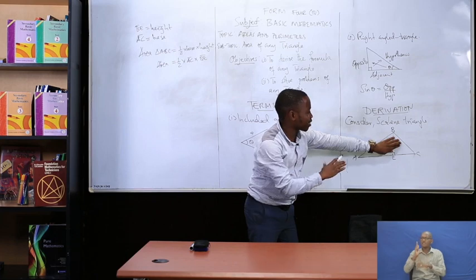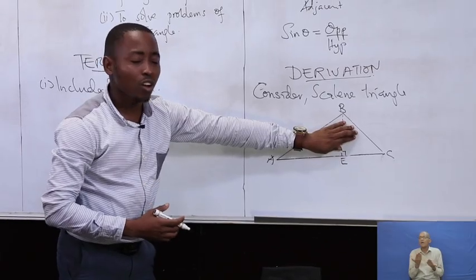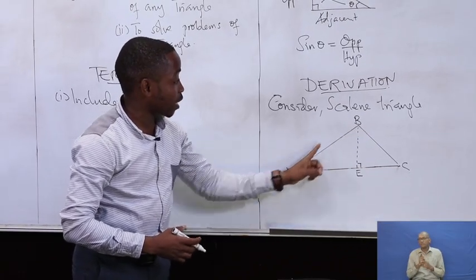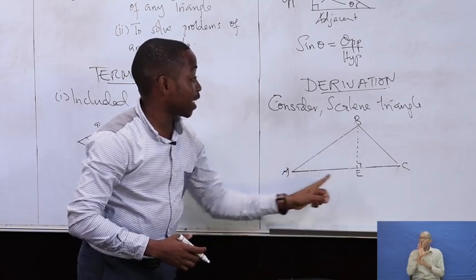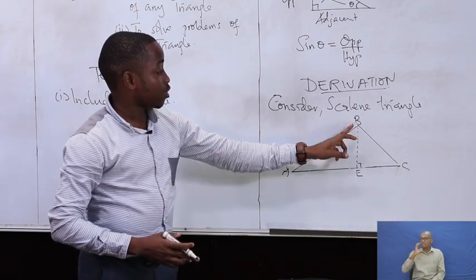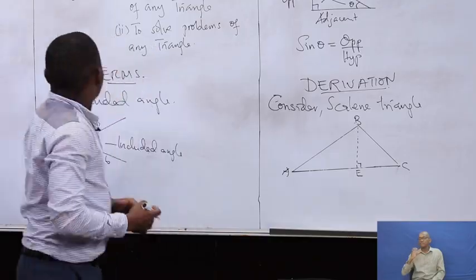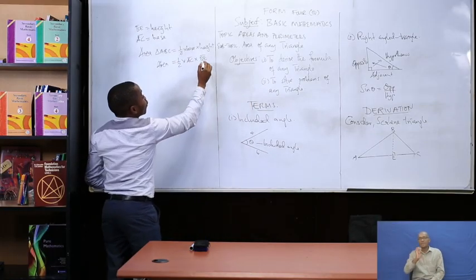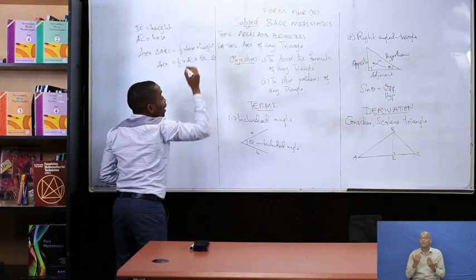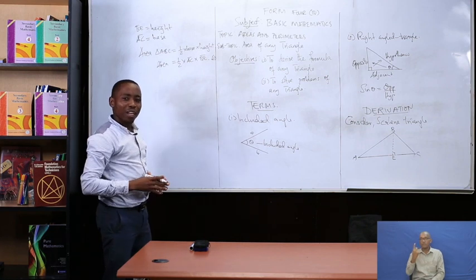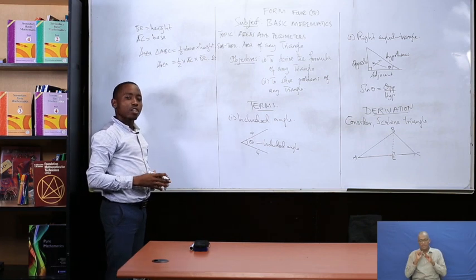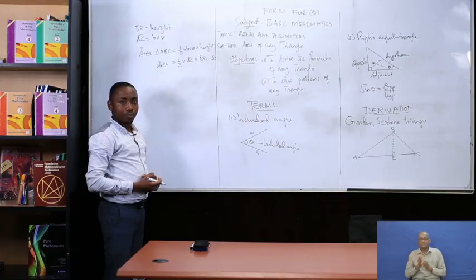How can we eliminate this so that we can get a general formula which consists of only sides AB, BC and AC, excluding BE? We call this equation 1. So we have to find another formula which can help us to eliminate BE.